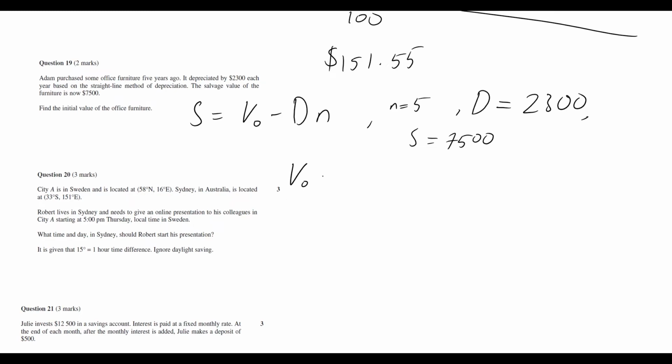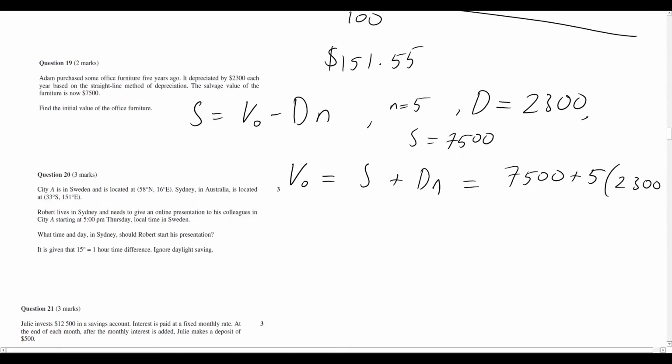So we can say that V naught is going to be equal to S plus DN, which in turn is going to be equal to 7,500 plus 5 times 2,300. And that will give us an answer of V naught equals $19,000. And that's our answer for question 19.